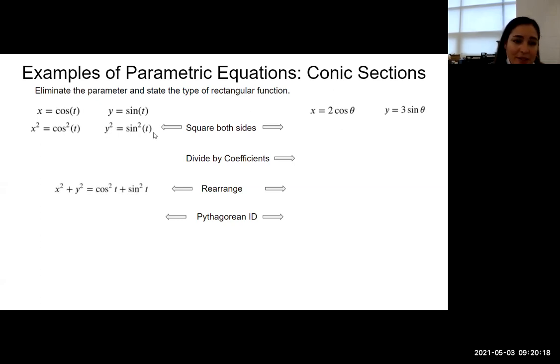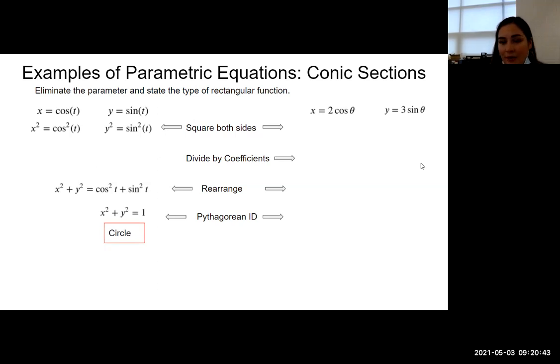Because this is in terms of t. T is the connecting variable. We can say that x squared plus y squared equals cosine squared of t plus sine squared of t, right? We recognize cosine squared of t plus sine squared of t as a Pythagorean identity. So that just leaves us as x squared plus y squared equals 1, which I'm hoping you all recognize from geometry as a circle with a radius 1.